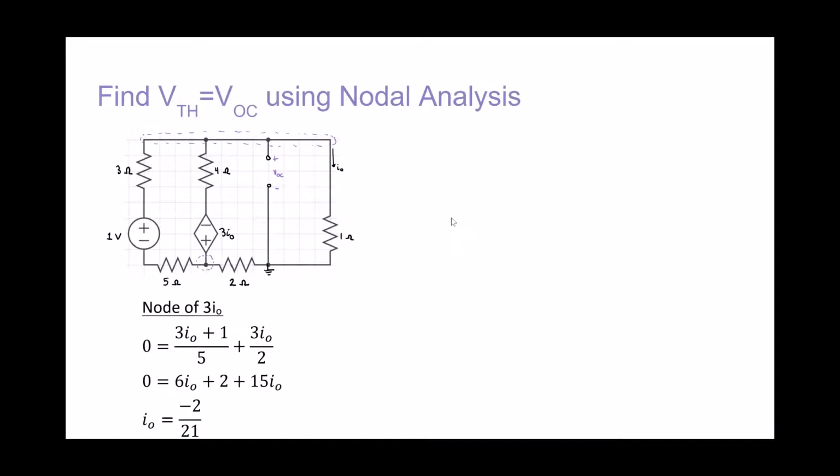Then you'd subtract the ground from the dependent source, and since the ground is equal to 0, you would just have that as 0 over the 2 ohm resistor. Multiplying by the denominators, you can get the simplified version of the equation. Combining those, you can get your equivalent current for the dependent source.